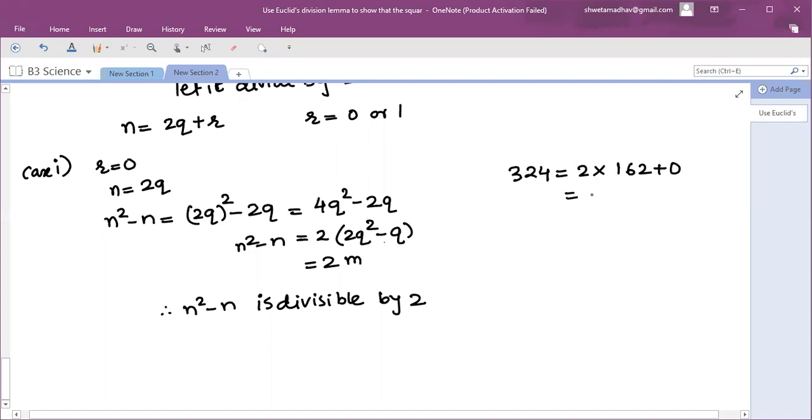So we can write it as 2 into quotient q plus 0, that is 2q. So 324 can be written as 2 into q, where q is the quotient 162. When you have shown 324 as a product 2 into something, then directly we can tell that 324 is divisible by 2.